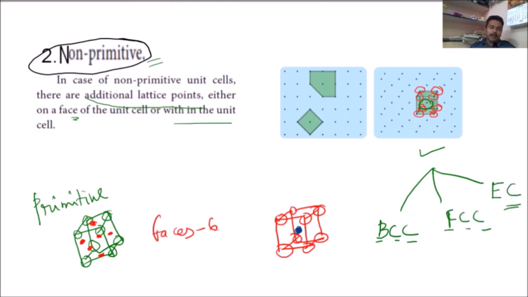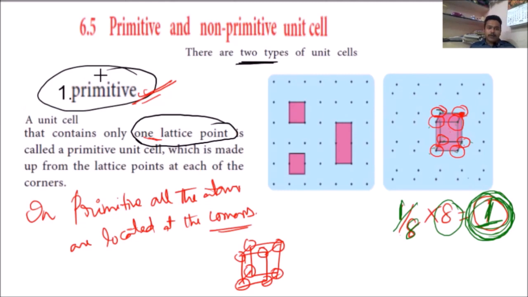But in primitive, only one thing you are going to study. This primitive we can also call a simple cubic unit cell. If only all the corners are occupied, it is simple cubic, otherwise primitive, meaning the effective number of lattice points must be 1. At that time you can say this is a primitive.